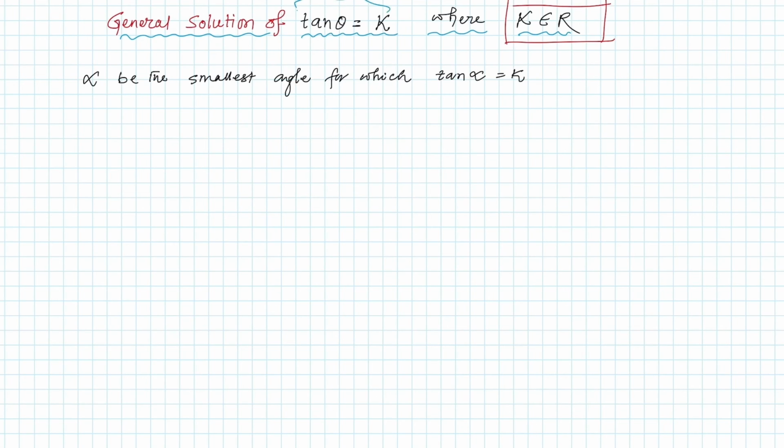Now if you compare these two equations, then you can write tan theta is equal to tan alpha. We know tan theta is equal to sine theta by cos theta, so here sine alpha by cos alpha.